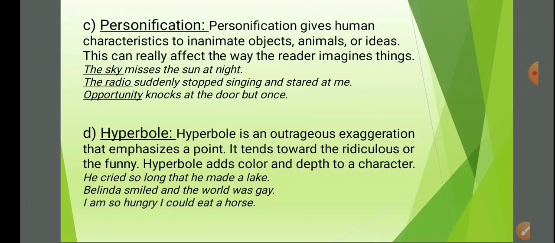That is hyperbole. I am so hungry I could eat a horse. This example says that the person is so hungry that he can eat a horse. This is an example of hyperbole. Here the statement is exaggerated, making more than whatever is given.